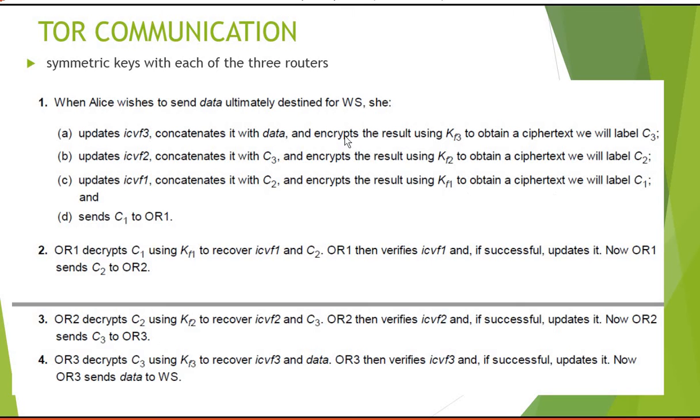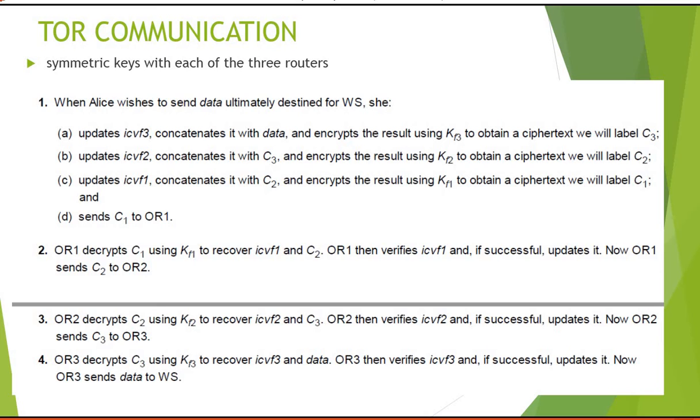Now this ciphertext which we have generated can be decrypted by onion router 3, but it has to go through onion router 2. So ciphertext C3 will be encrypted using the key for the 2nd onion router, KF2, and it will be labeled C2, and the integrity check value is F2.